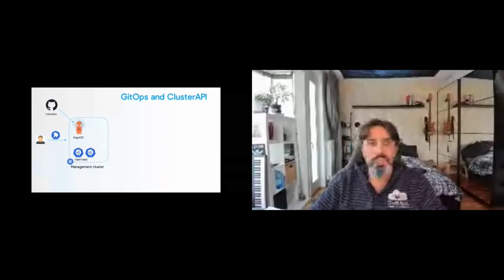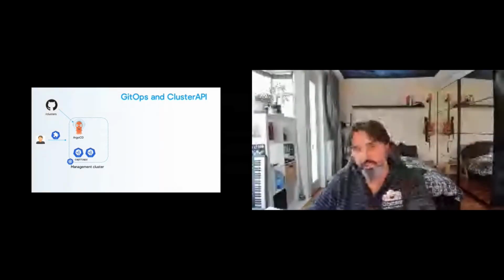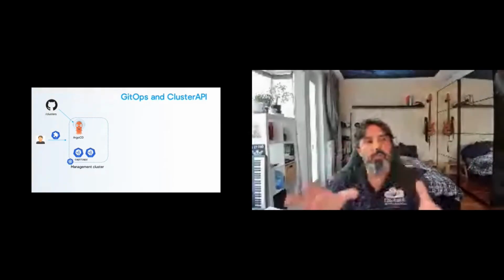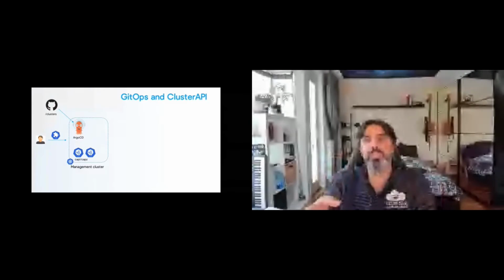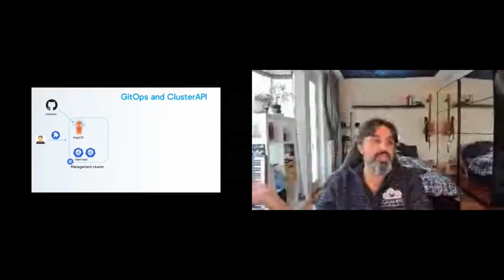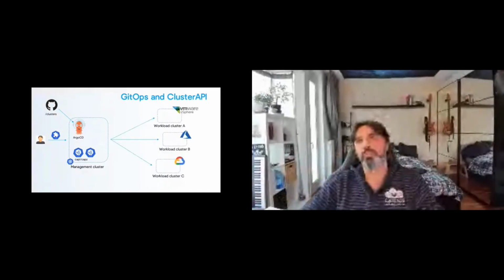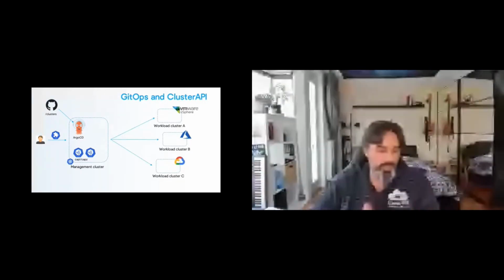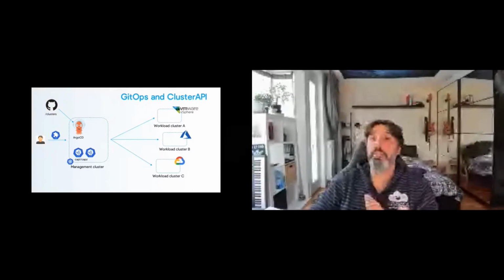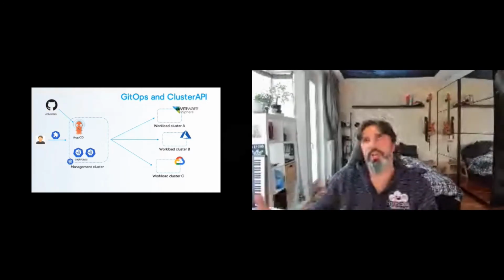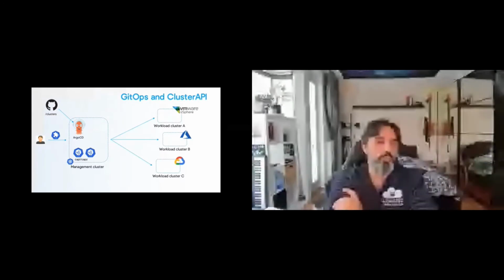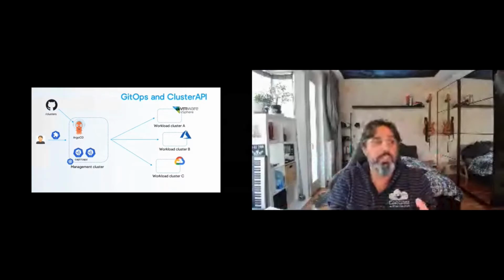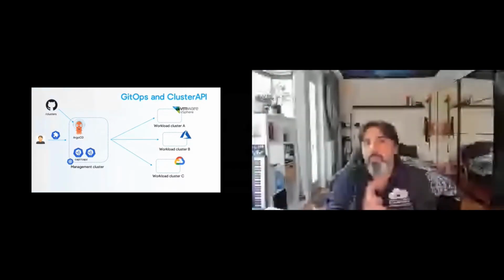So I have a GitHub repository. It's the same one where you can follow along with this talk. And I have a folder called clusters, and everything I drop in there becomes a cluster in Azure. It could be something else. In my case I only deploy the infrastructure provider Azure for AKS, but nothing stops you from deploying multiple infrastructure providers and dropping cluster definitions in there that deploy different things, right?